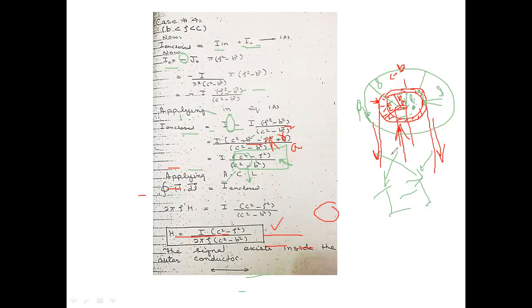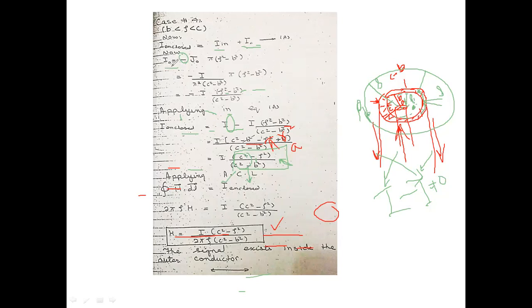In this case I in plus I out is not equal to 0 because the complete conductor is not considered. We are limiting to this region only. When we have the point of observation greater than C, in this case I in plus I out is equal to 0. Now a partial conductor is involved, so we cannot say that it is equal to 0. Rather we will find the separate current for the outer conductor.